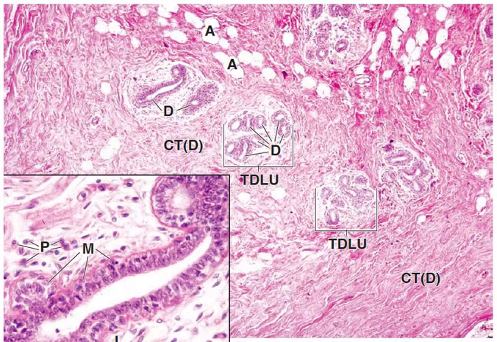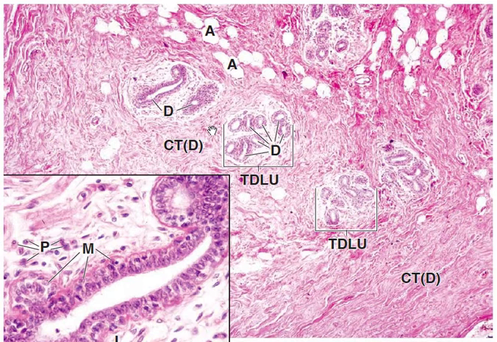Several ducts are shown in the center of the field. A small lumen can be seen in each, and the ducts are surrounded by loose connective tissue. Together, the ducts and surrounding connective tissue constitute a lobule.